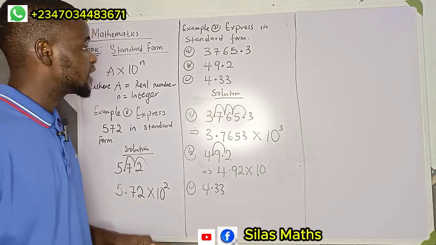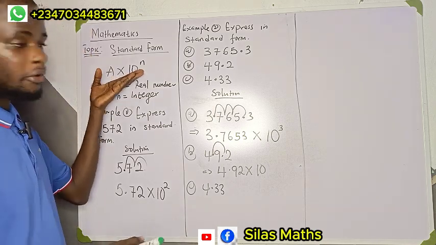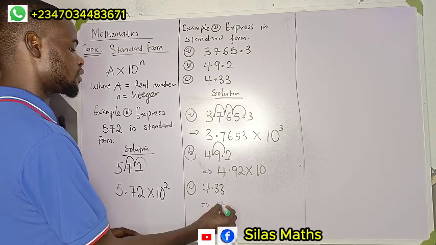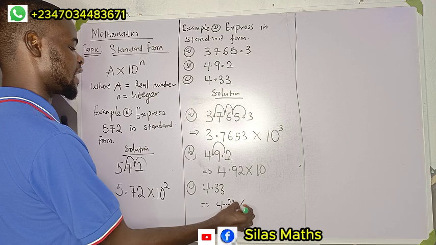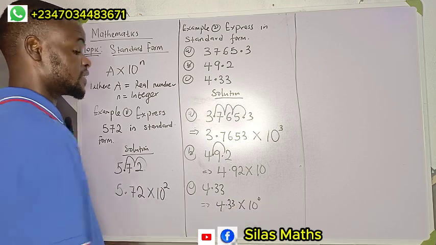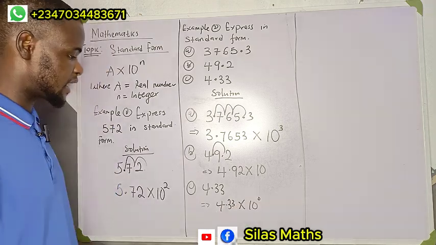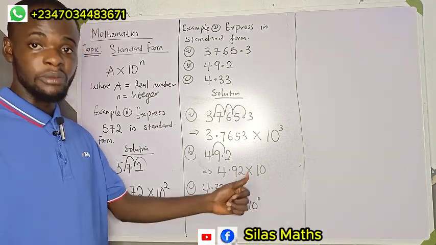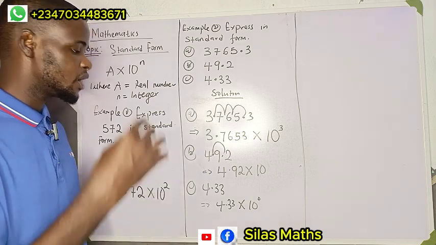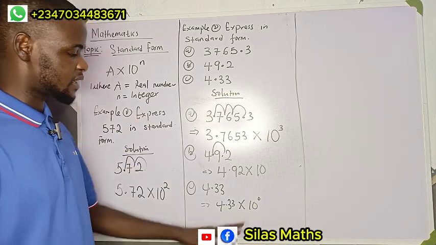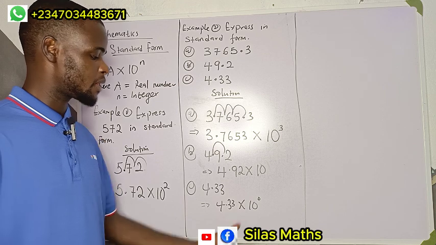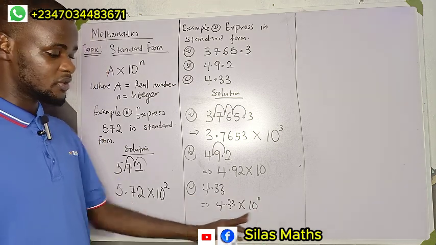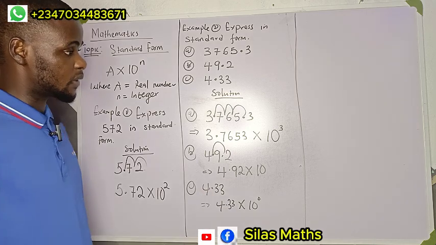So to justify that it is in this form, we can say that this number is the same thing as 4.33 times 10 raised to the power of 0, because we just moved the point 0 time, and this is equal to 1, because any number raised to the power of 0 is 1. Recall when we treated indices that the 0 power law states that a number or a variable to the power of 0 is equal to 1, which makes this whole expression equal to this one.